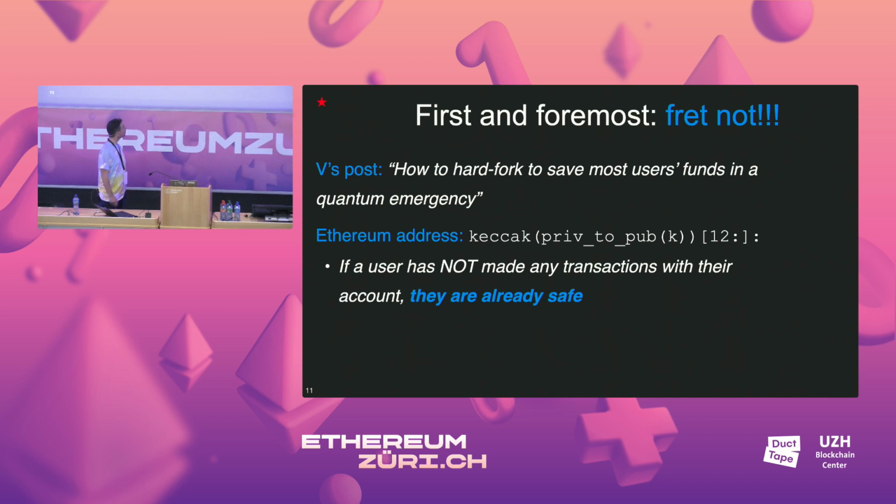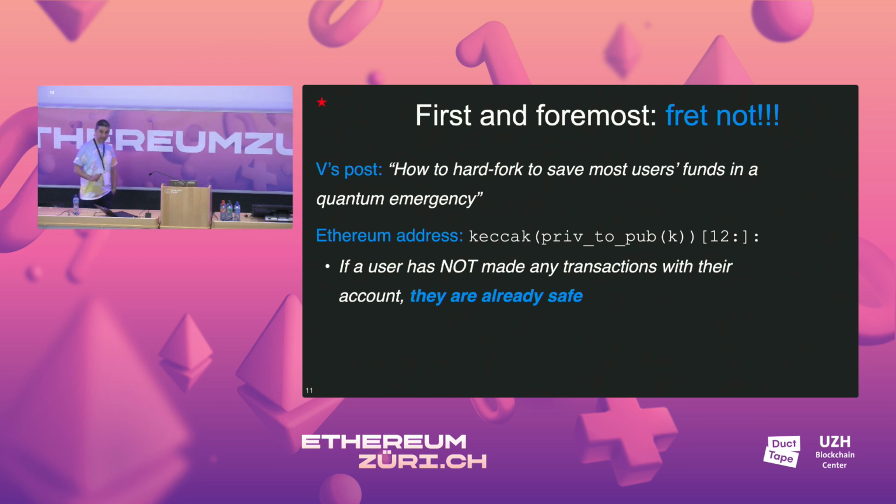The reason why I'm telling this is that if you have a public key, an address in Ethereum, it is the hash of the point on the elliptic curve. What you need to remember is that if you have an Ethereum address where you have some ether and you never move any ether from that address, you're safe even with a quantum computer.